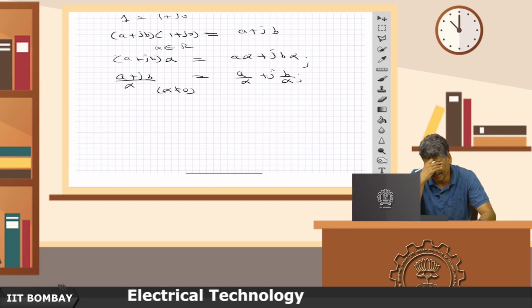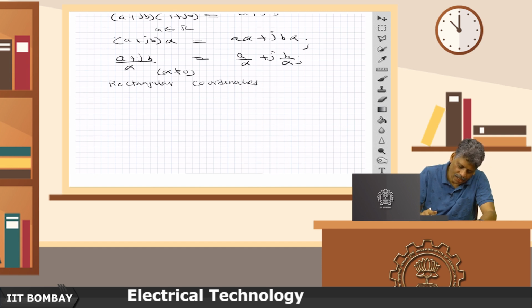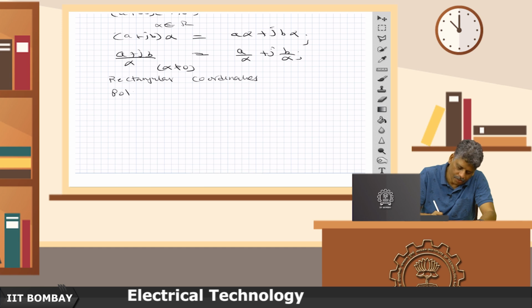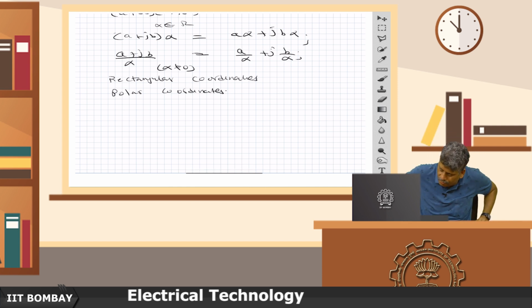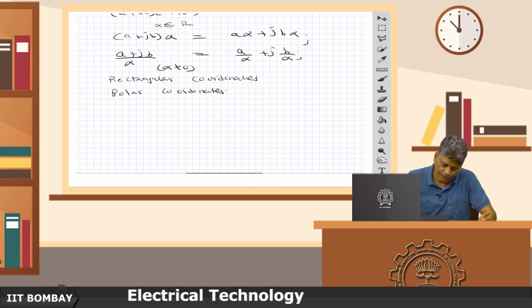These are used in electrical engineering extensively. This form is known as rectangular coordinates, and there is an alternate form which is known as polar coordinates, which we will come to very soon. So, both these forms are used extensively in electrical engineering to represent phasors, impedances, admittances and so on.